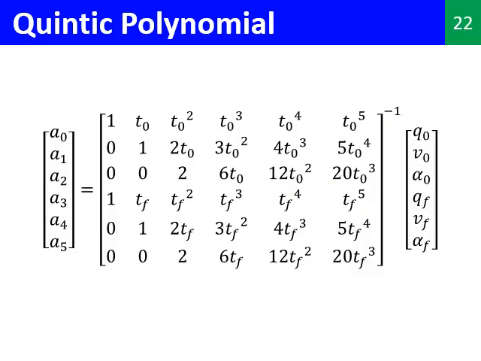Okay, so we can find the coefficients of the quintic polynomial by taking the inverse of the M matrix and multiplying that with the joint constraints that we had, the joint angles, joint velocities, and the joint accelerations. Understood?